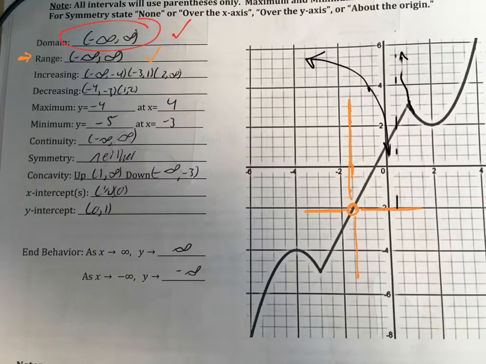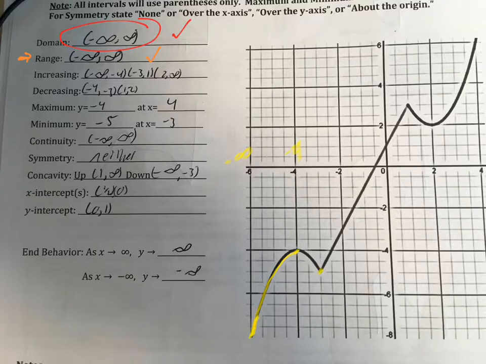Now, when you talk about increasing and decreasing, that's really a matter of jumping on the graph and imagining from left to right, is it going up or is it going down? So when I jump on the graph over here to the left and I go over here, that's increasing that entire period. So from negative infinity to -4, it's increasing.